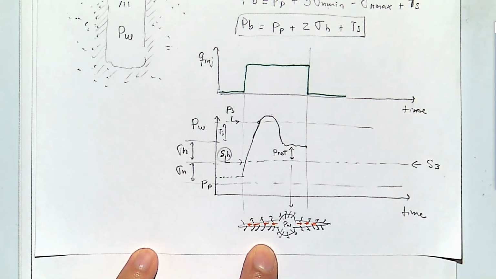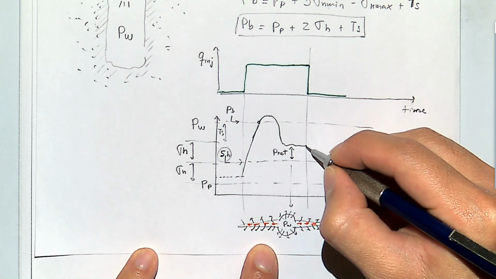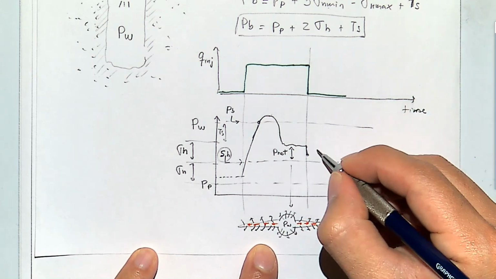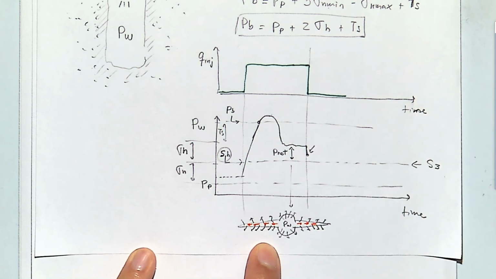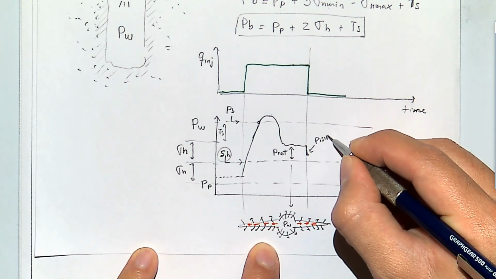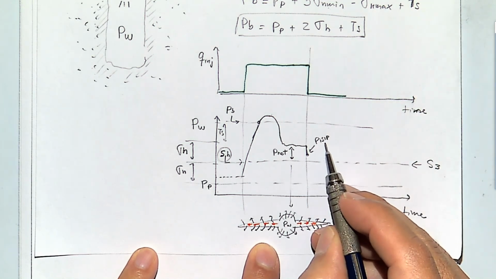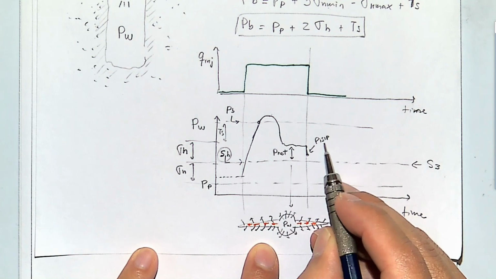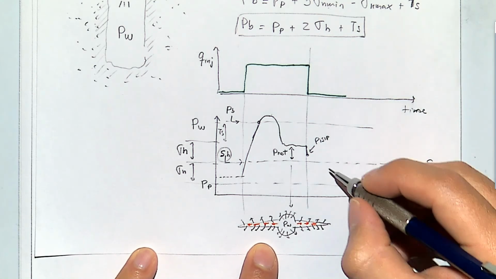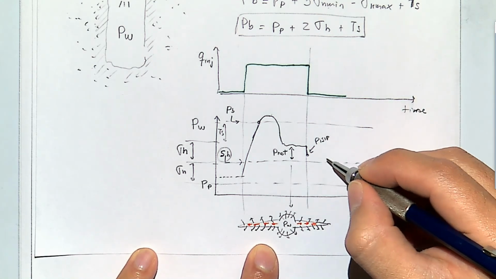As soon as you shut in the pump, this value is going to decrease very quickly, and the value right after you shut in the pumps is something called the instantaneous shut-in pressure, or ISIP, and after that, this pressure is going to decrease.